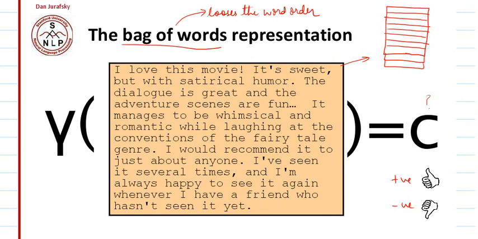So I take all these words and I can just sort them alphabetically, and then you can just put them in a table, or you don't put them in alphabetical order, you just put them in a table, like I love this movie and it's sweet, and so on. And again I take only the unique words here. I don't take the repeated words, right?